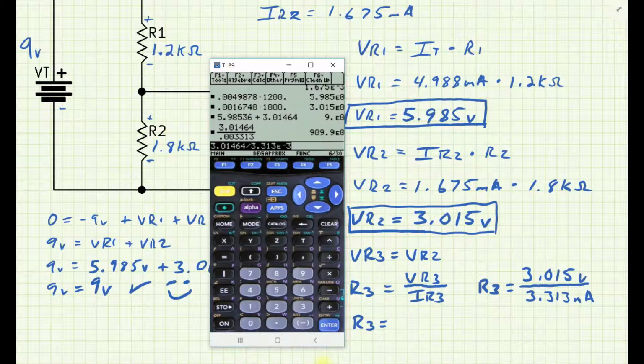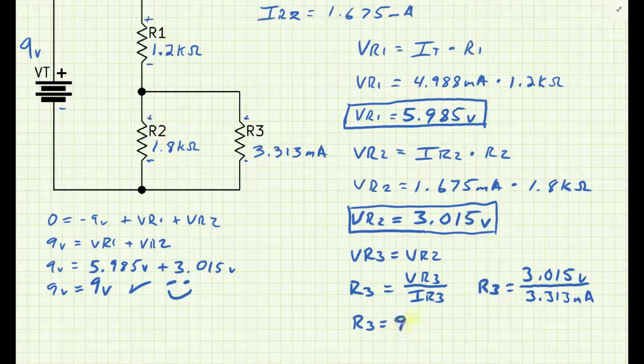Okay, so that gives me 909.9. Alright, so if it was a standard value, that's probably a 910 ohm. So I'll just go ahead and write it as 910 ohms.